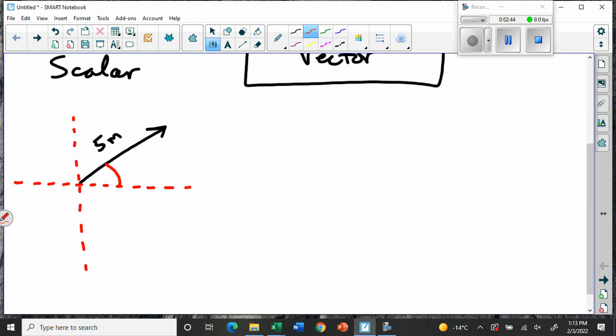Maybe it's 30 degrees or 45 degrees or whatever that could be. The angle, we'll call it the angle theta for now. And that angle could tell us which way to point. Because in a two-dimensional reference frame, on this entire graph that I've drawn, there's a different angle for every possible direction that you could go.